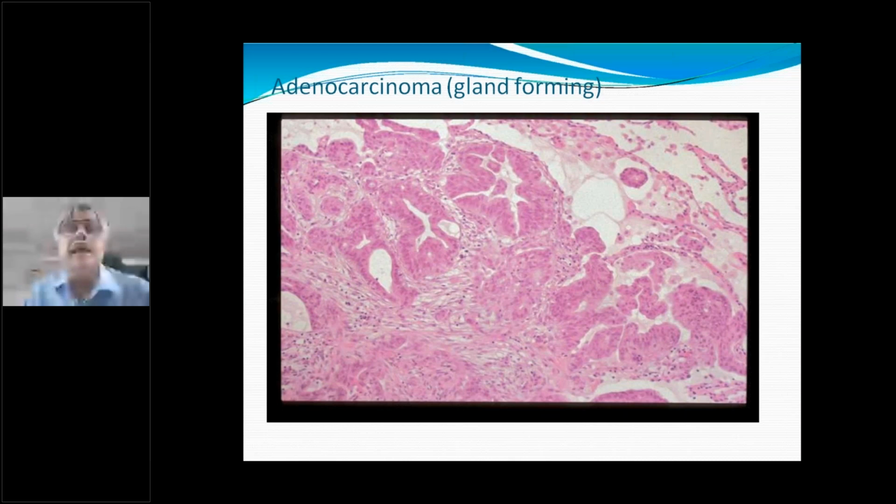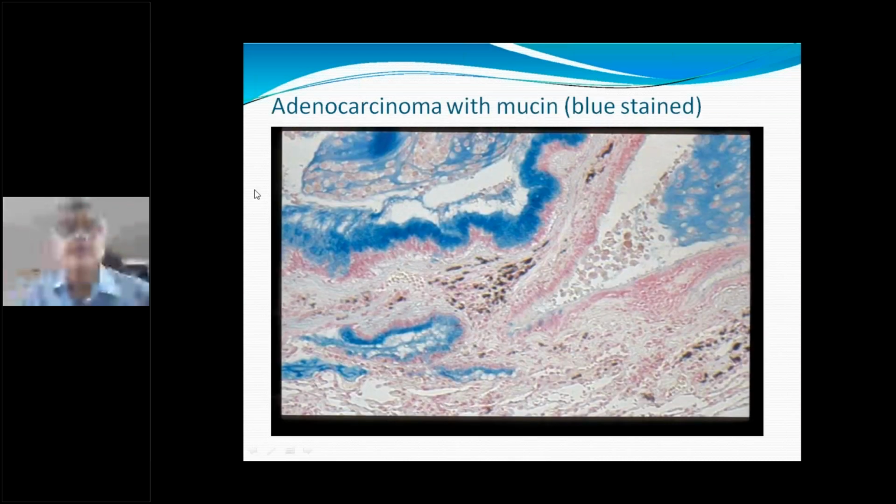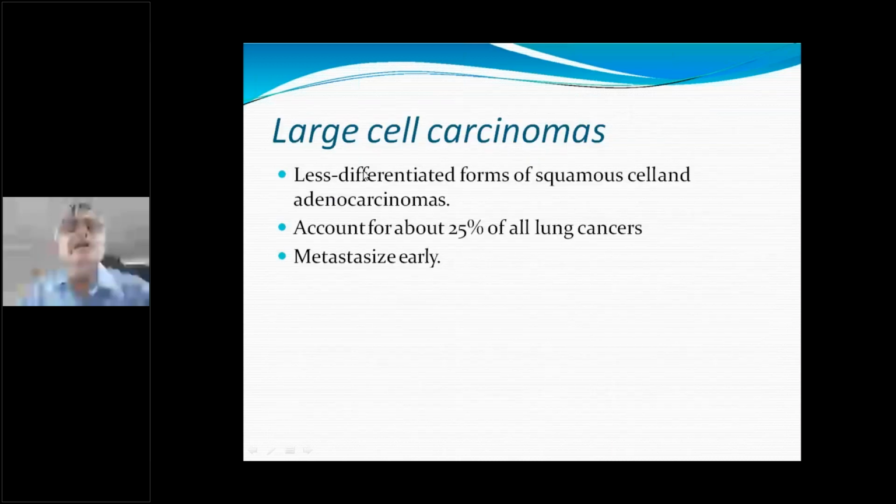Adenocarcinoma, again with blue stain. Large cell carcinoma. The third variety of non-small cell carcinomas is large cell carcinoma. Large cell carcinomas are less differentiated forms of squamous. They are highly malignant, accounting for 25% of lung cancers.